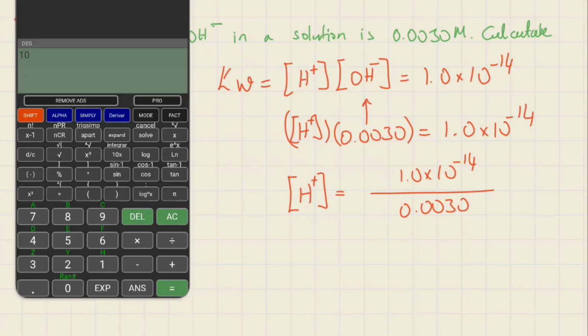1.0 times 10 to the minus 14 over 0.003. So it is 3.33 times 10 to the minus 12 molar.